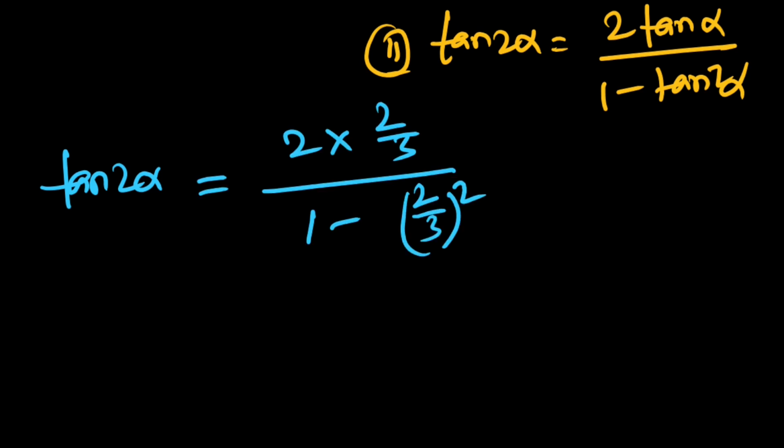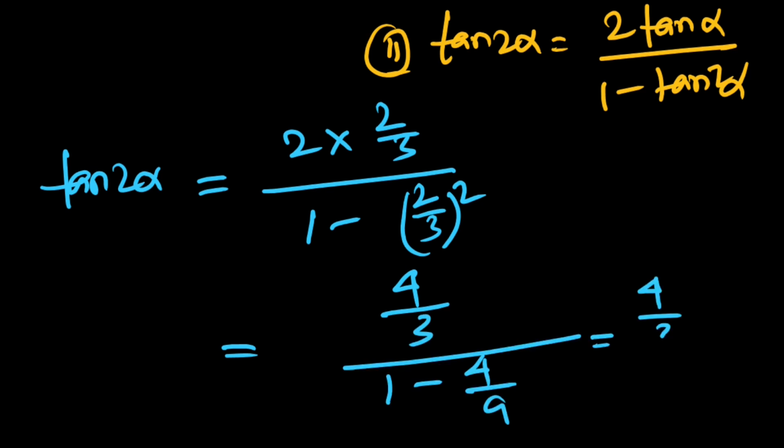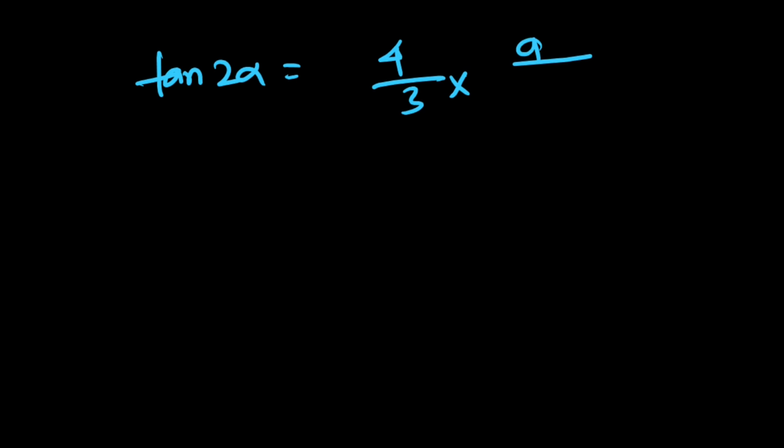So that is 4 by 3 over 1 minus 4 by 9, which is 4 by 3 over (9 minus 4) by 9. Therefore tan 2 alpha is equal to 4 by 3 into 9 by 5. Therefore it is 12 by 5. Now we got tan 2 alpha.